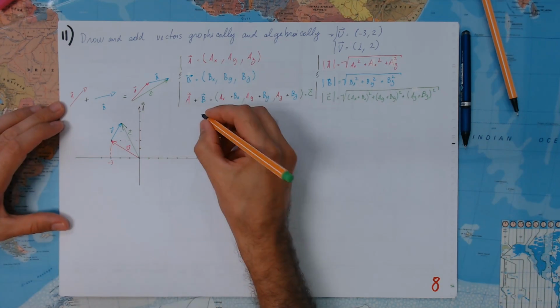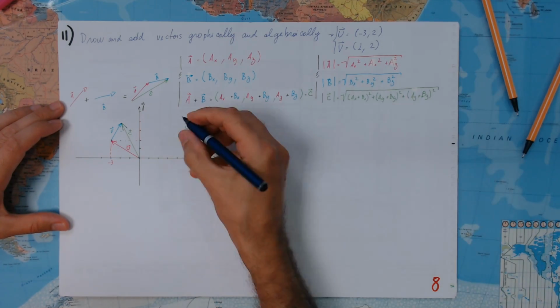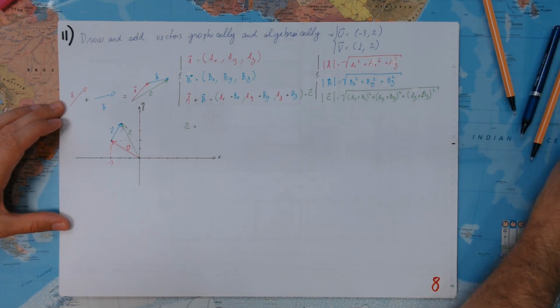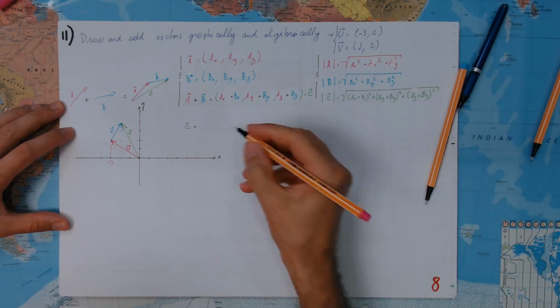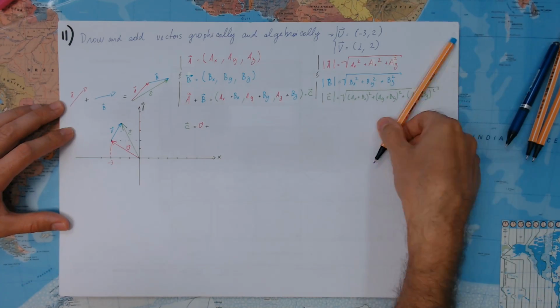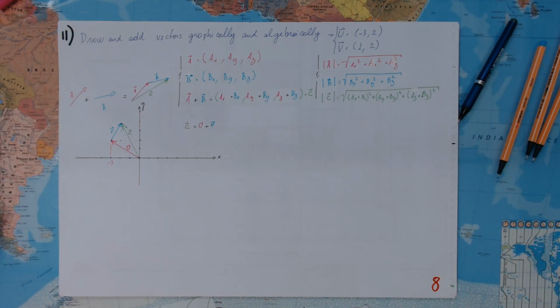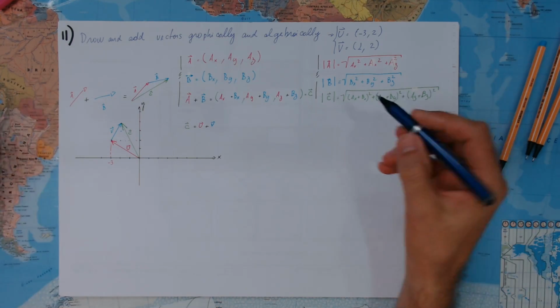And we can write it like this: c is going to be u plus v. And that is how we do this graphically.